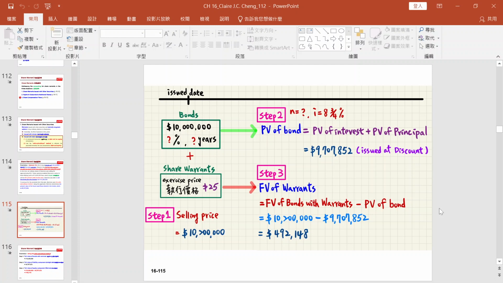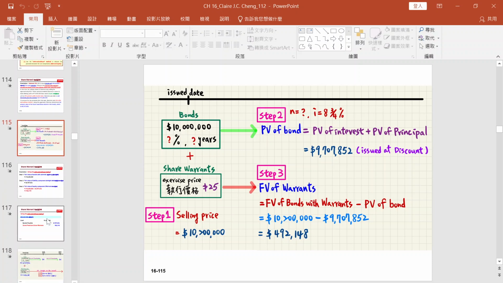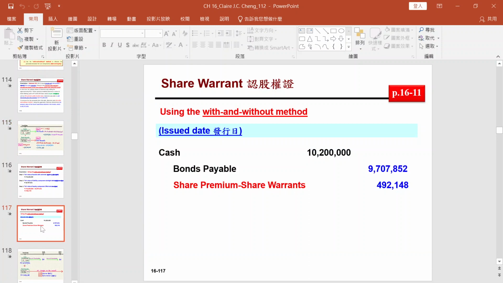After we find out the amount for each one, then you could record the transactions using journal entry. This is the journal entry we use to record how much for your bonds, how much for your equity, using with and without method.